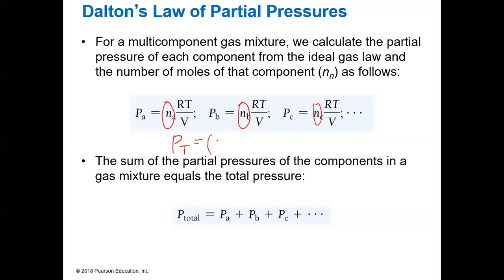Well, one way to save time would be to pull out the moles of each component, add them together, then multiply that mole number by R times T and divide by V, because the RT over V is the same for every one of these.